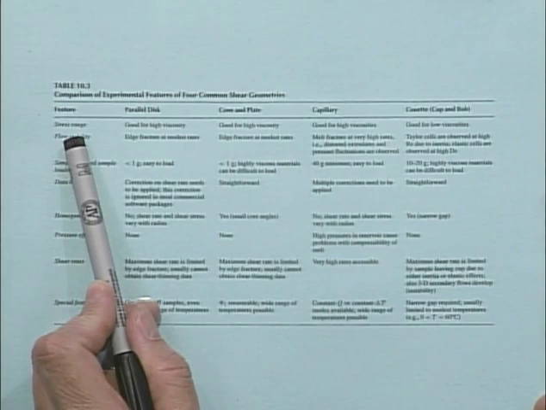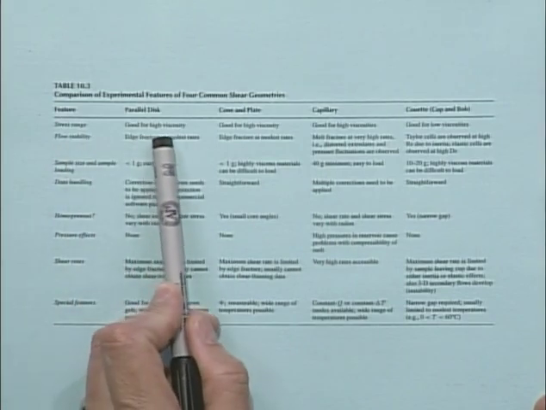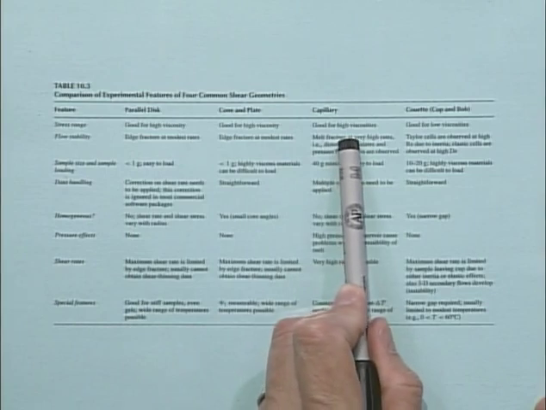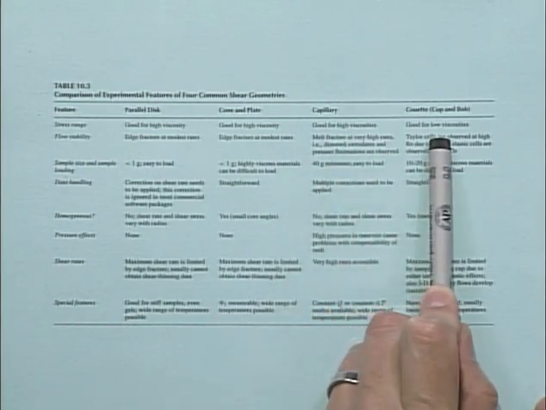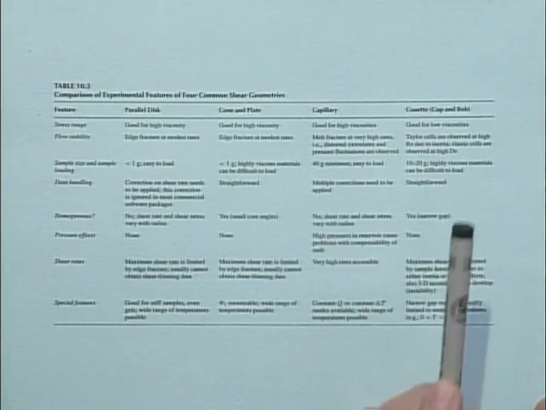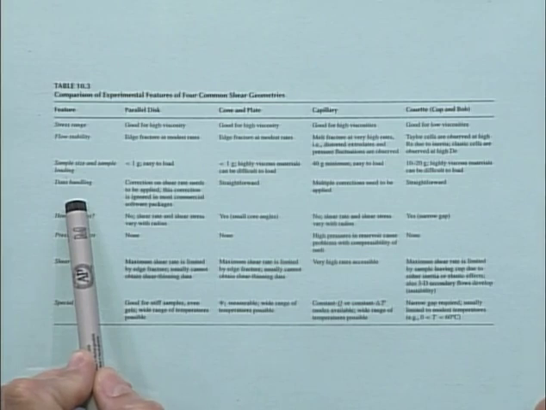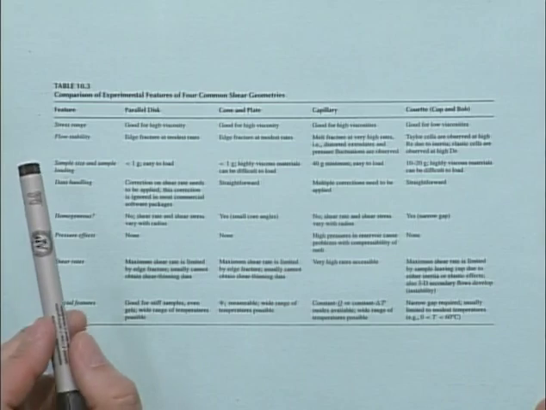For instance, on stress range, the parallel disc is good for high viscosity, as is the cone and plate. The capillary is good for high viscosity, but the couette is good for low. Other things I've talked about were shear rates, or whether it's homogeneous, and whether you have to do sample data handling. But there's some other things on this table you might find interesting.